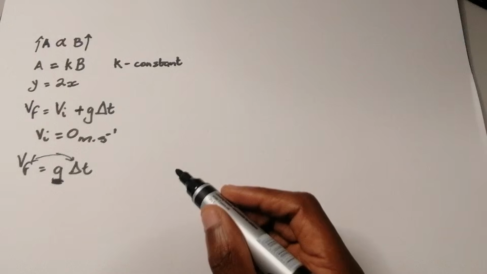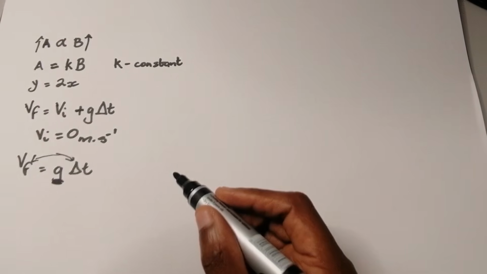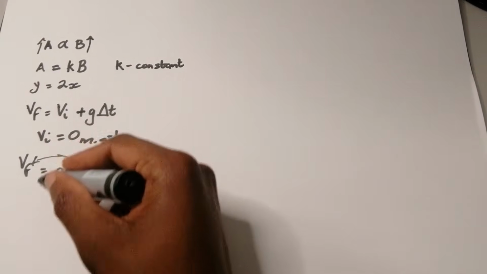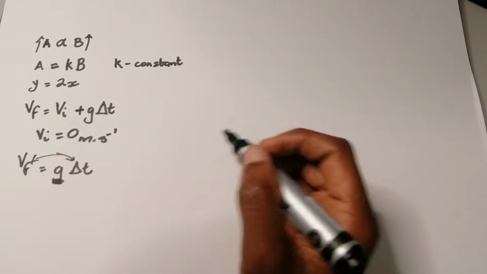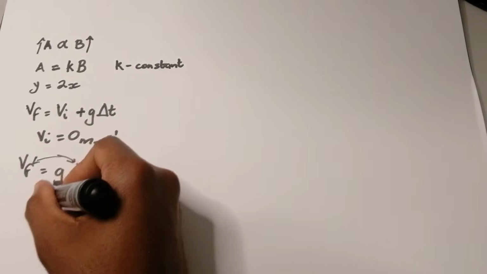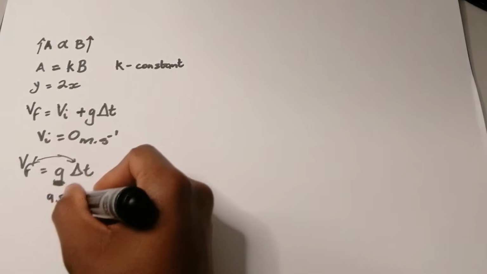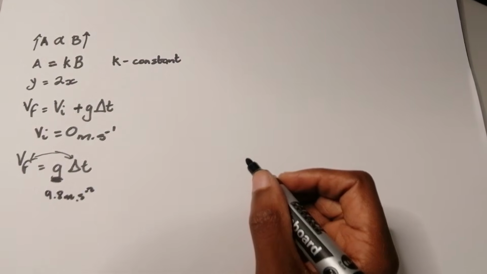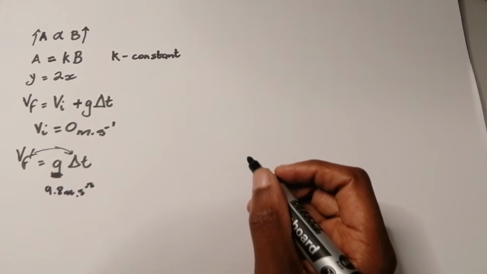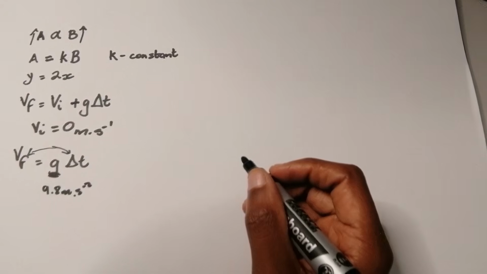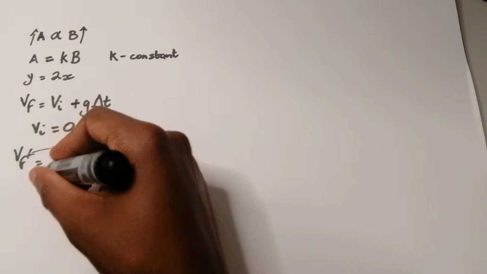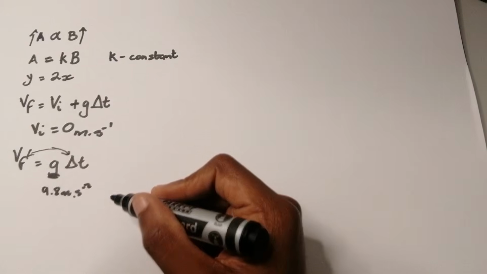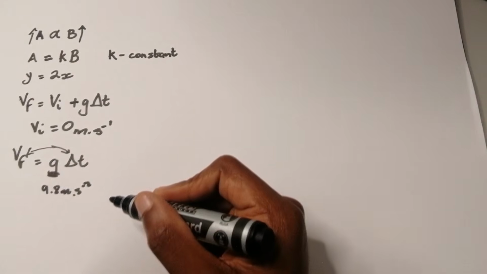Well, remember when it came to vertical projectile motion, we said gravitational acceleration is always a constant value, and that value is 9.8 meters per second squared. We always deal with constant acceleration in physics. So as a result, we know that our g value is a constant 9.8 meters per second squared.